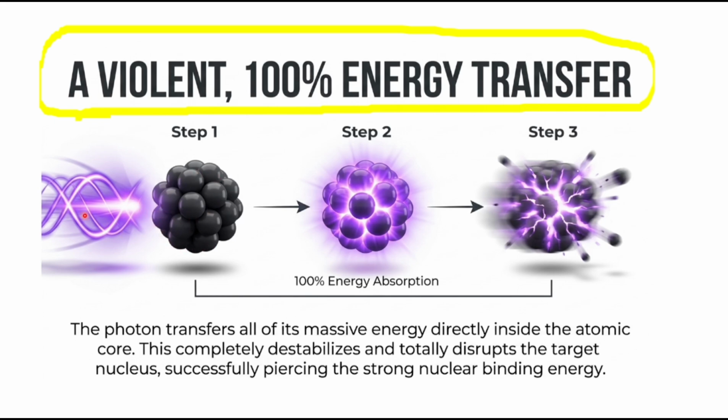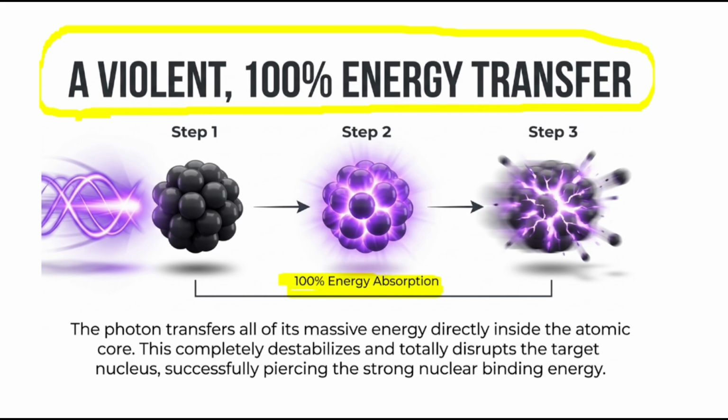See here. This photon crashes directly into the atomic core. During this exact moment, it transfers absolutely all of its massive energy directly inside the nucleus. It deposits 100% of its energy right into the core.